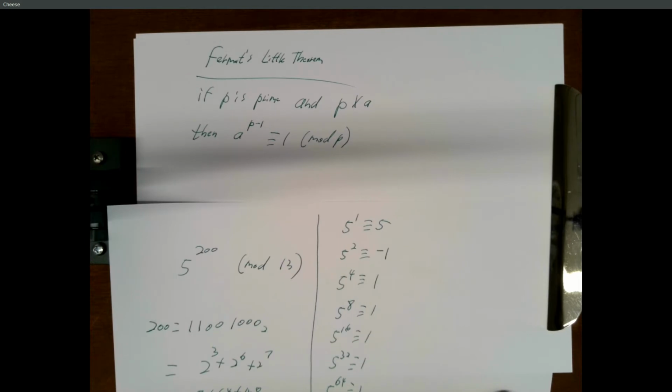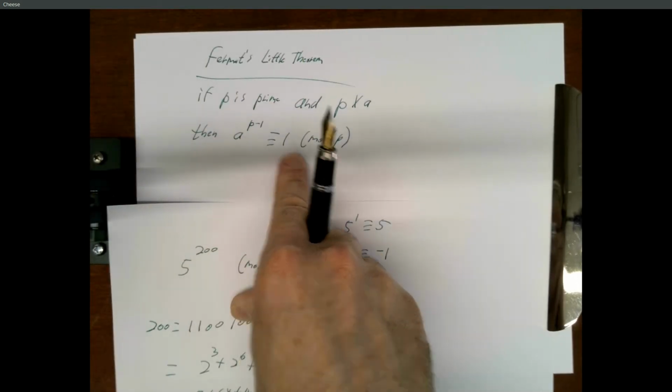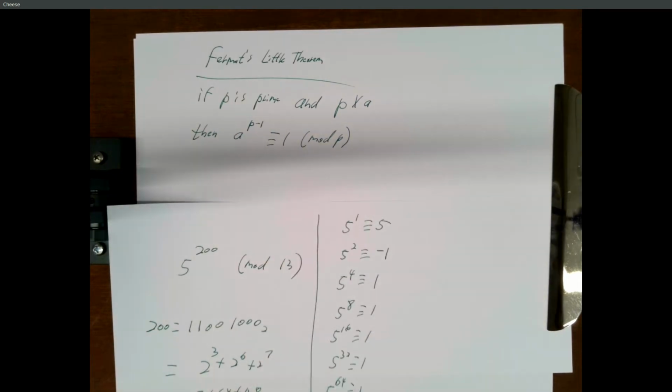But ignoring that uninteresting case, basically if you take a prime, anything raised to prime minus 1 is 1 more than a multiple of that prime.